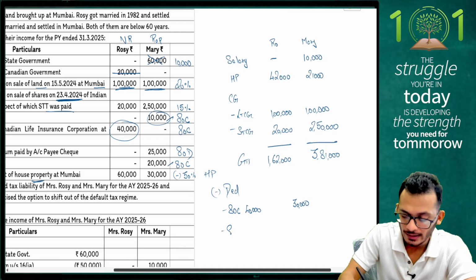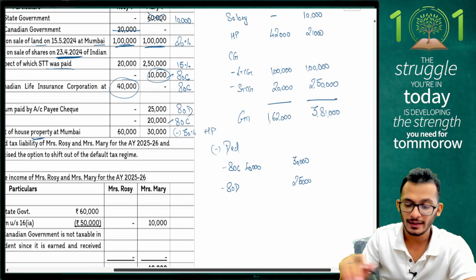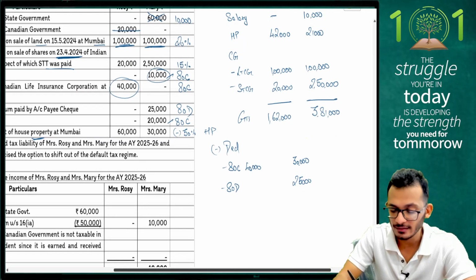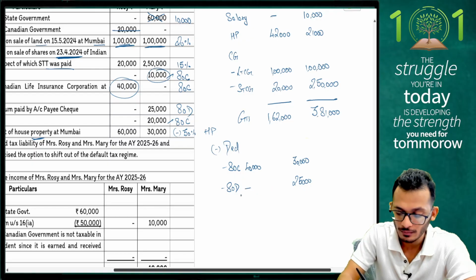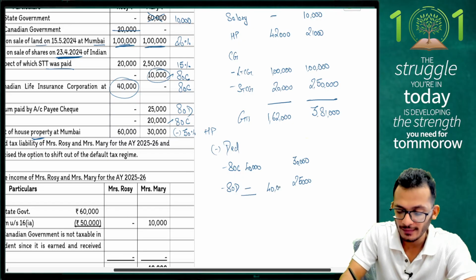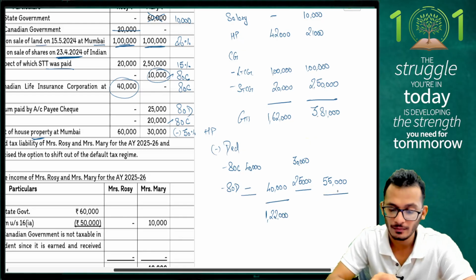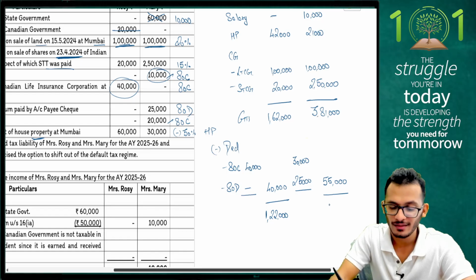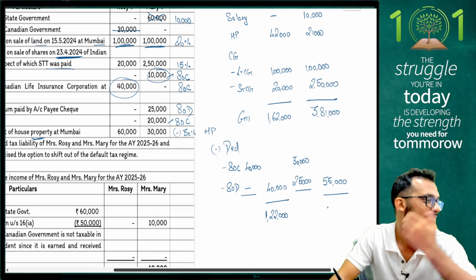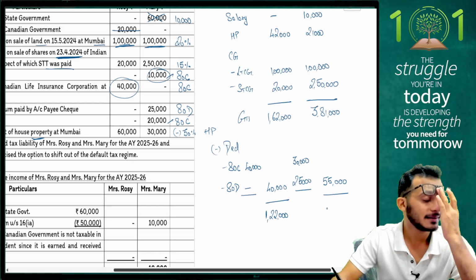Next, 80D: 25 for Mary. Correct? Anything else? That's it. Give me the total deduction: 40,000, 55,000. 1 lakh 22,000. 3 lakh.